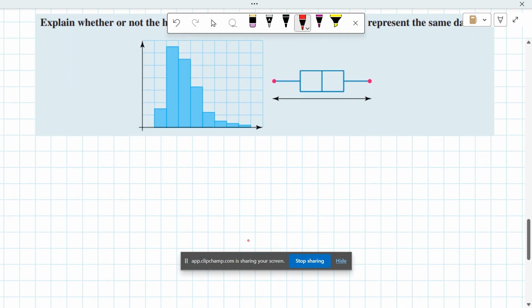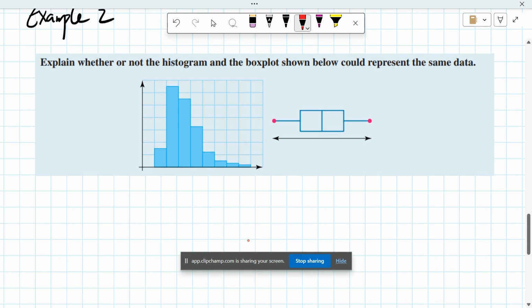Now we're going to try to explain the histogram and the box plot. I'm going to write down an essay for you so you can know how to answer this kind of question. From this, this is a histogram and this is a box plot. Hopefully you still remember. Not long to go, right?